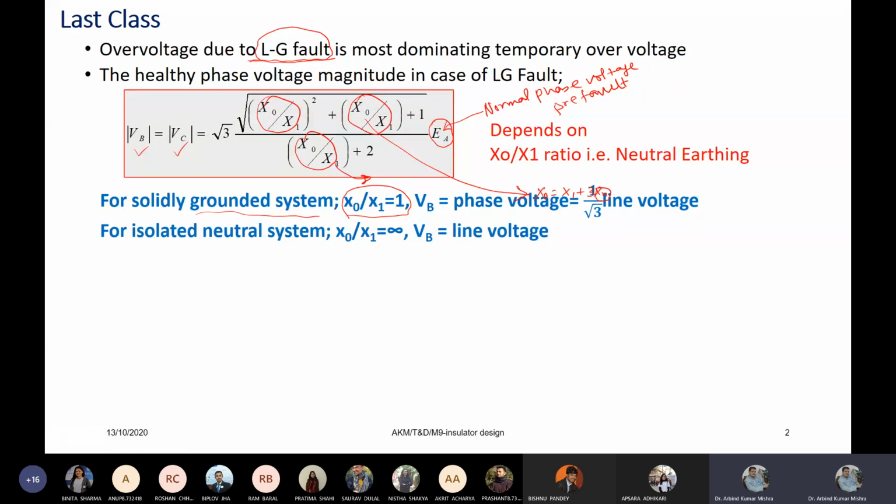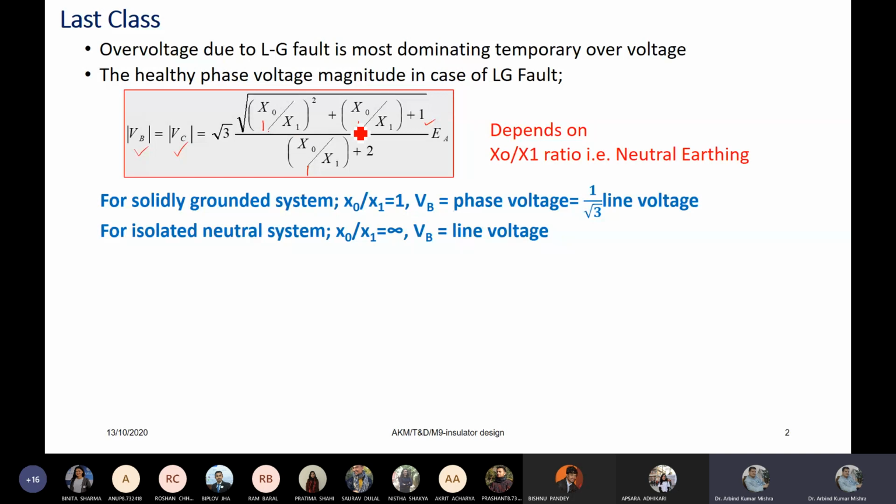So in that case x naught equals x1, and that's why the ratio is 1. So if we very simply put x naught upon x1 equal to 1 in this equation, no worry, no confusion at all, this quantity is 1, this quantity is 1, this itself is 1, and this also 1.